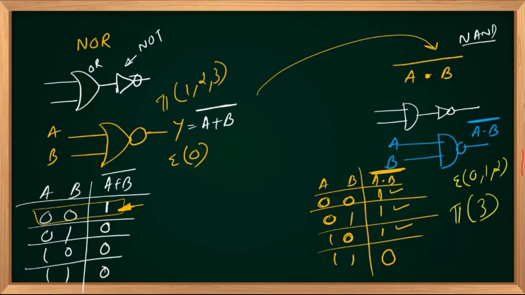And we have two more gates to complete, right? That is the XOR gate and the XNOR gate. It is slightly different than our conventional gates, right? XOR and XNOR gate.